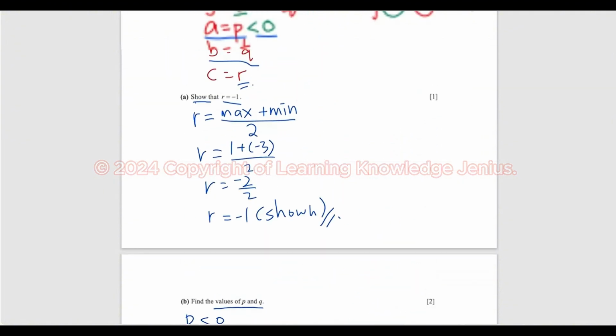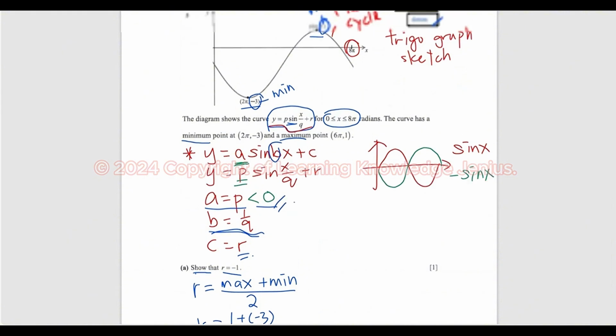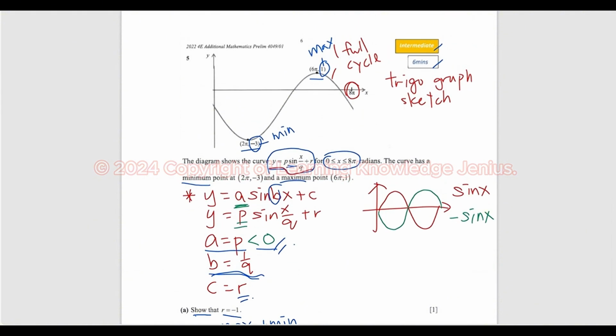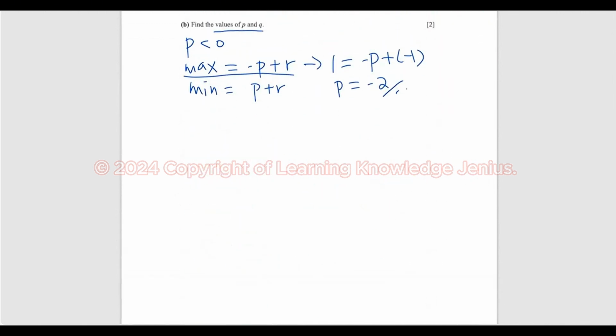To find q, we go back to the question. q is related to b, so we have to use the formula of the period. Go back to the graph. You can see one full cycle is at pi, so the period is pi. The formula for period is 2 pi divided by b.